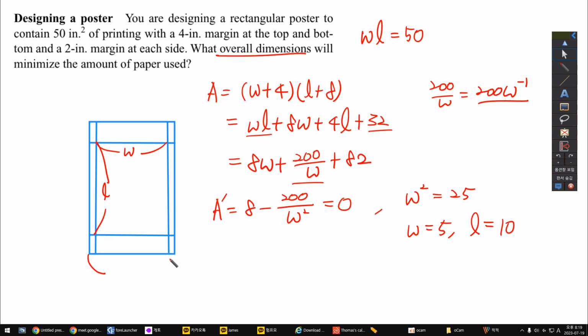Overall dimension means what's the total width if inside the width is 5, if you include these margins. 2 and 2, so 5 and 2 and 2 makes 9. And what's the overall length? 18. So that's the overall dimension, 9 and 18.